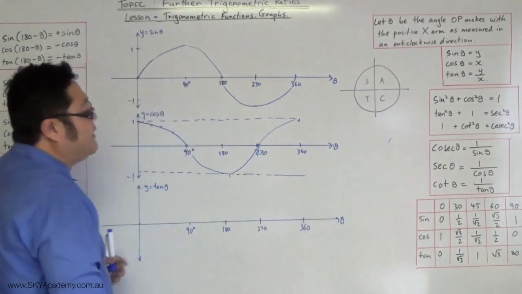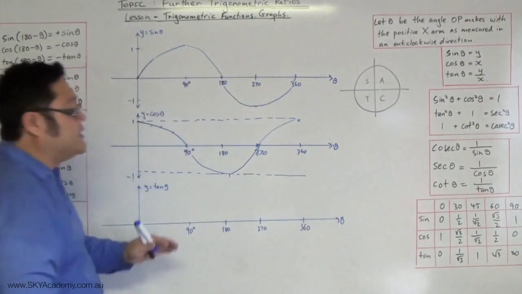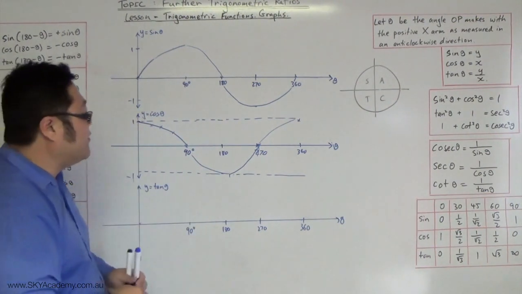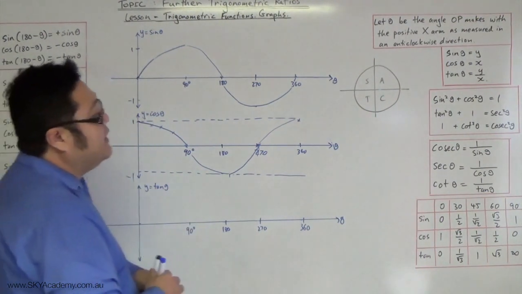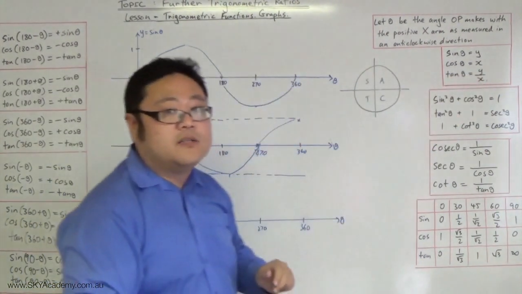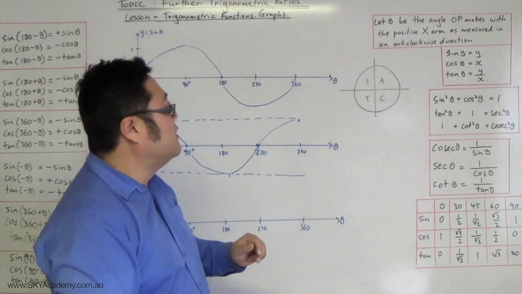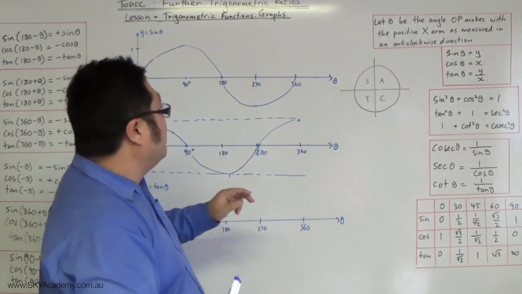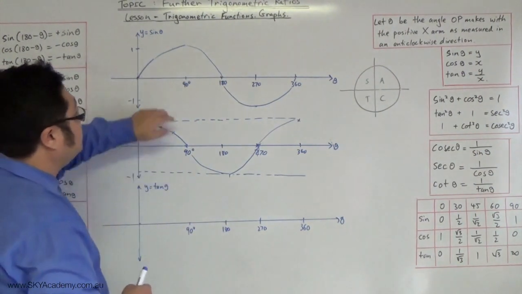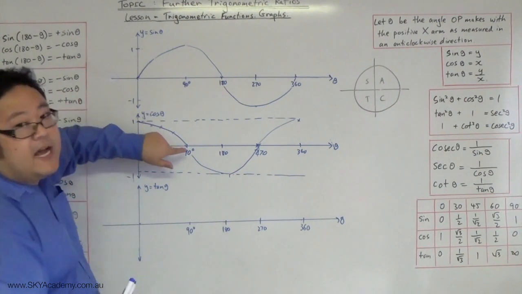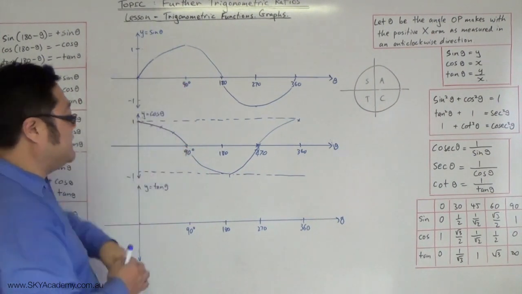Alright. Now, let's have a look at what's happening with the tan graphs. With the tan graphs, what's really going on is that tan is equal to sine divided by cos. Right? Tan is equal to sine divided by cos. Now, when cos is equal to 0, you can't actually divide sine by 0.